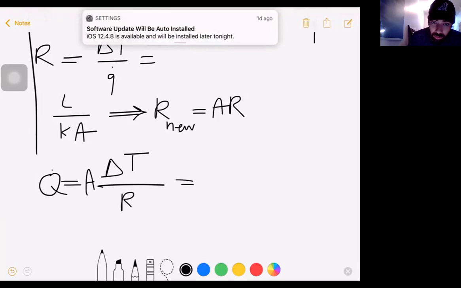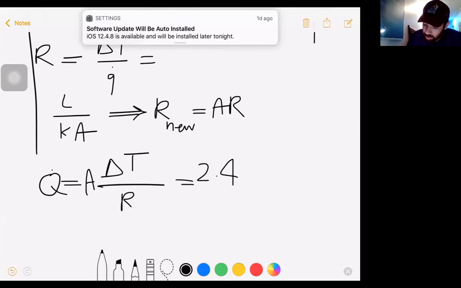So basically, instead of multiplying the area every time in those resistivity terms, which could make my calculations much more complex, I only put it in one time at the end, and it makes my problem much easier.